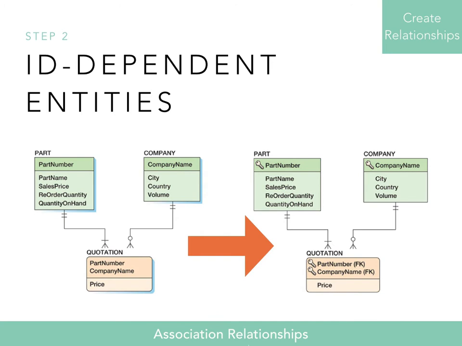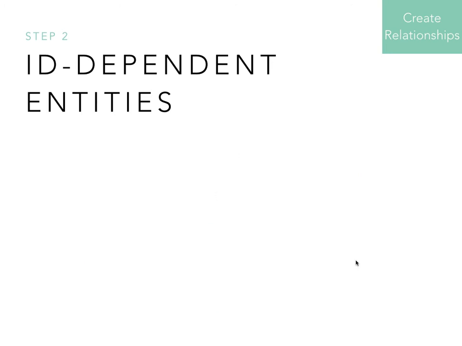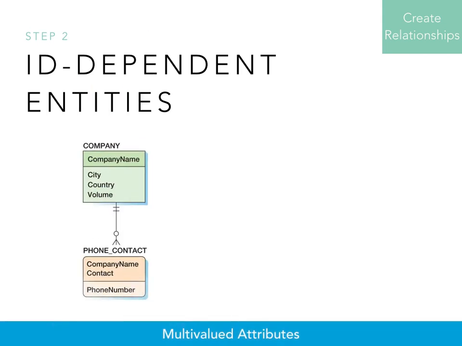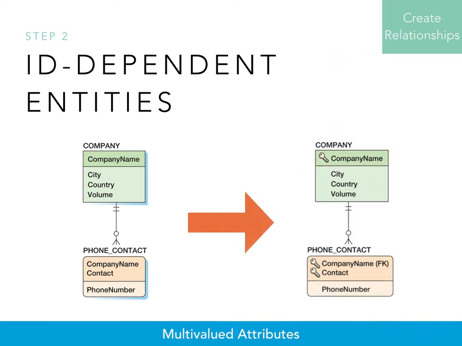In this case, it's an association table, not just an intersection table. Second type of ID-dependent entity is the multi-valued attributes. We looked at that phone contact issue. You remember where there were different company phone numbers for an individual company. So this entity would be translated into this database design.